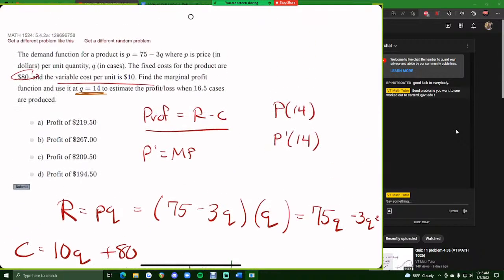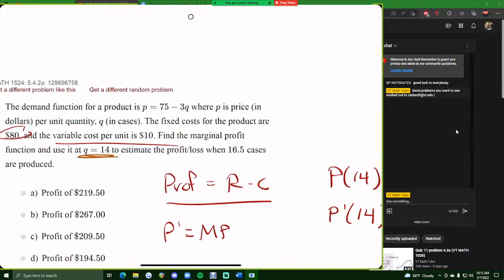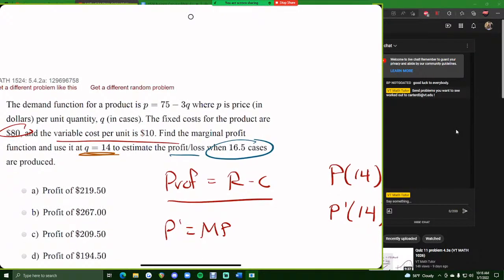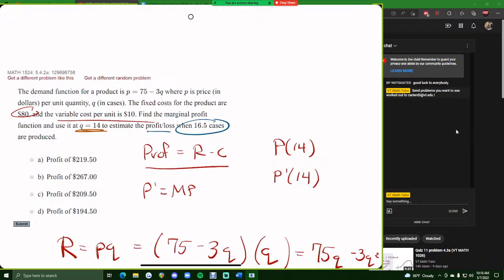But what are they asking? They're asking us, what would the profit be if we increase the quantity to 16.5 from 14? 14 to 16.5 is an increase of 2.5 to the quantity.